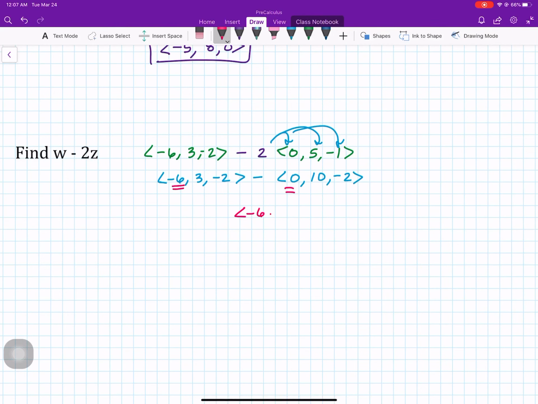So that's negative 6. And then 3 minus 10, that's negative 7. And then negative 2 minus negative 2 is negative 2 plus 2, which is 0. And that's our final resulting vector.